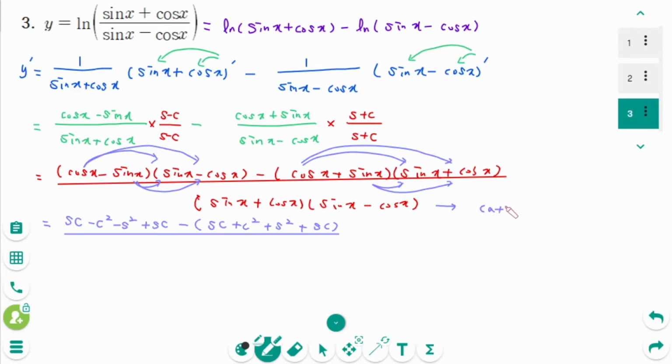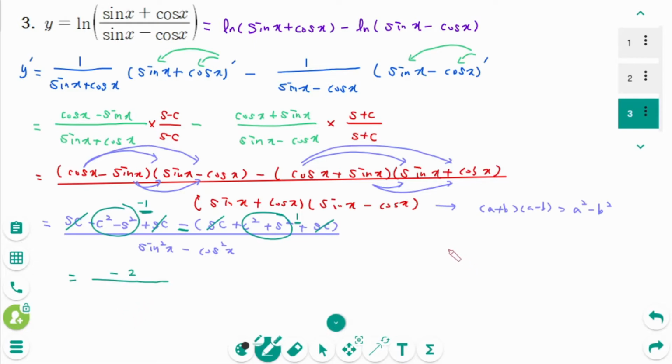This is a plus b times a minus b form, which equals a squared minus b squared. Then sine squared x minus cosine squared x. In the numerator, sine cosine minus sine cosine minus sine cosine; this is 1 and this is minus 1. Then minus 1 together make minus 2, over.